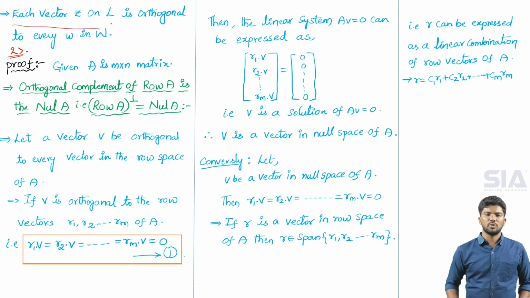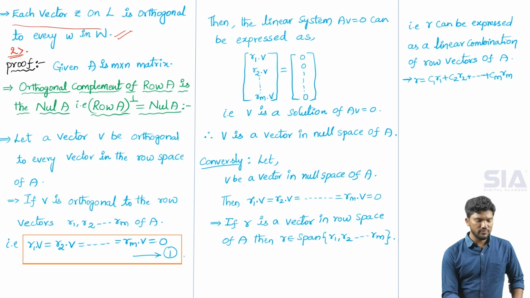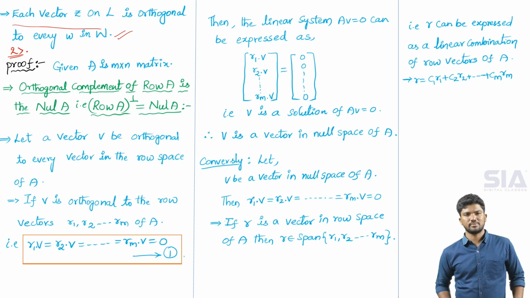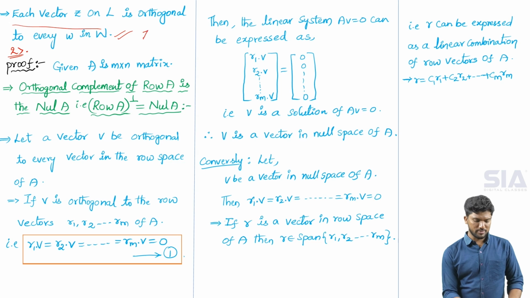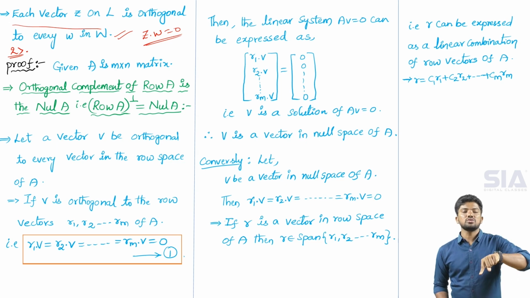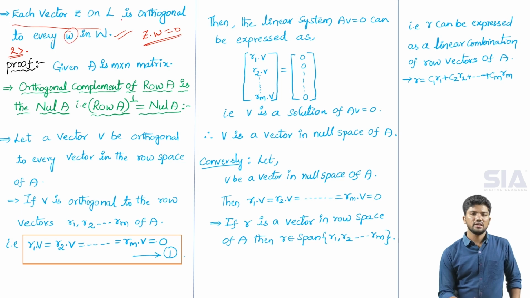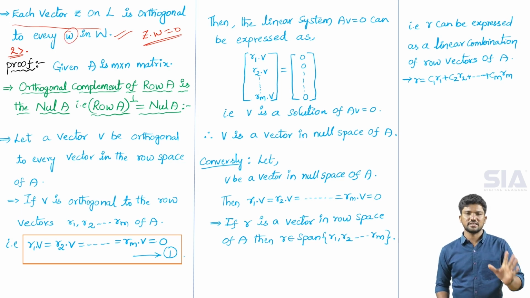Each vector small z in capital L is orthogonal to every vector small w in capital W. So that is the point. In the previous slide, z into w equal to 0 came, and the explanation is that each vector small z in line capital L is orthogonal to every vector small w in the subspace W.